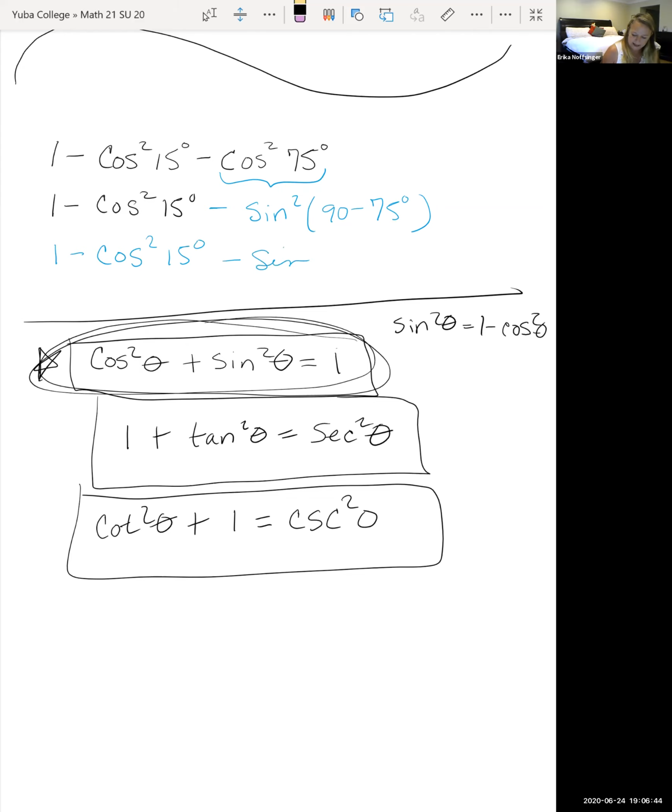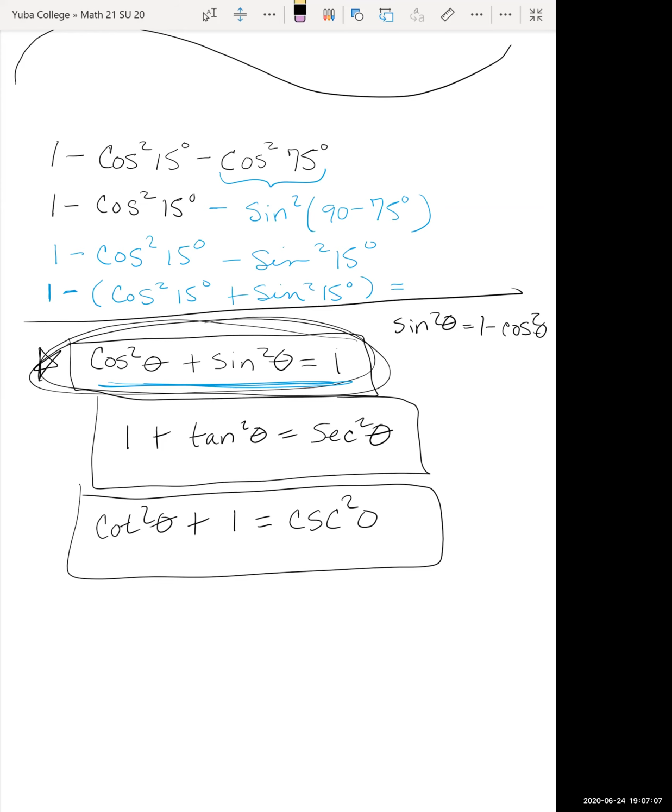To me, that almost looks like this. If I factor out a -1, I can manipulate it to look like that. So I have 1 minus, factoring out a -1 from the trig functions, cosine squared 15 degrees plus sine squared of 15 degrees. But that's just 1. And so I have 1 minus 1, which is 0.